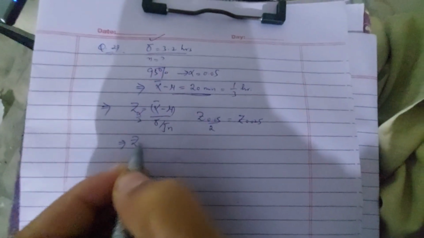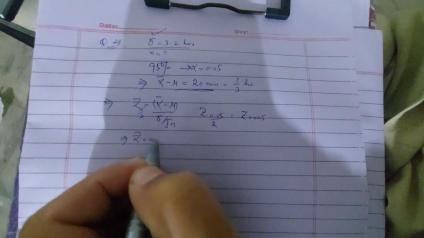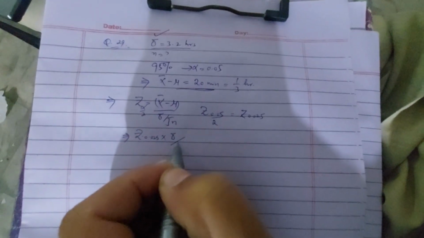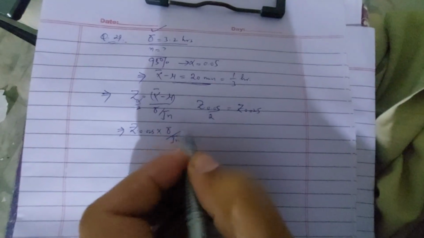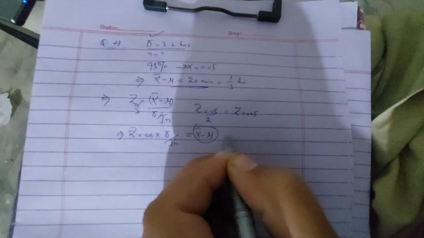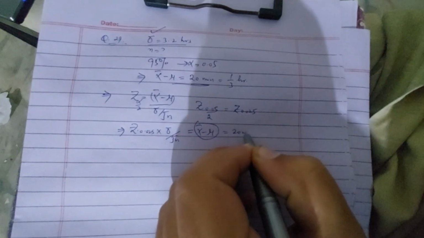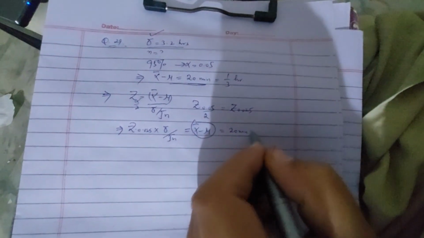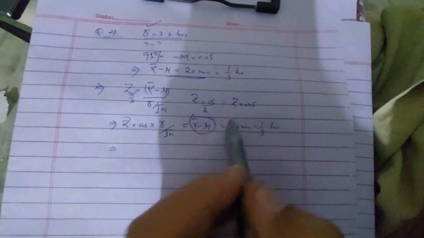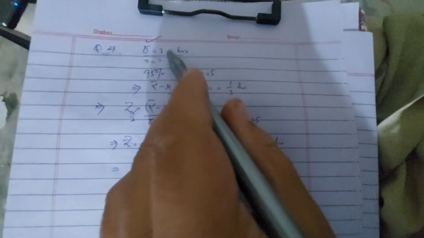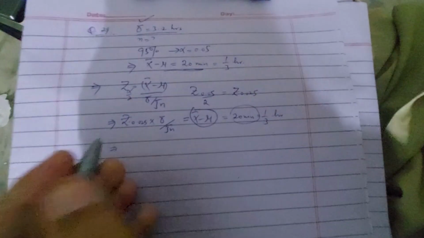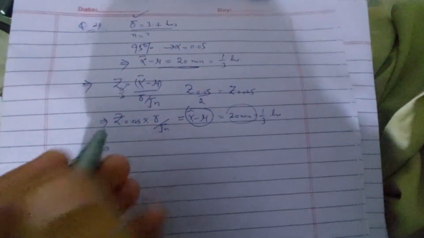So z of 0.025 multiplied by the standard deviation divided by the root n is equal to x bar minus mu. This x bar minus mu is equal to 20 minutes, which is equal to 1 over 3 hours. Either convert these minutes into hours or convert these hours into minutes, you will get the same result, so you can do both.